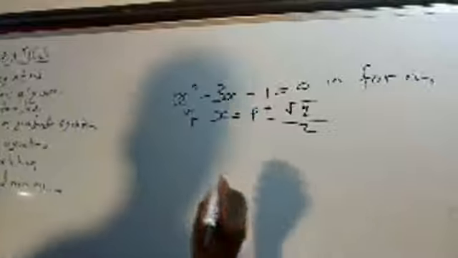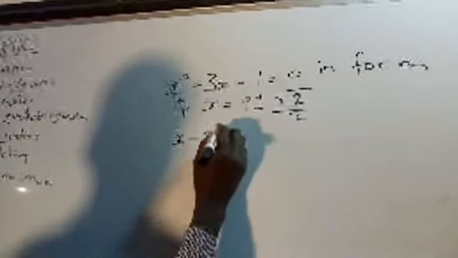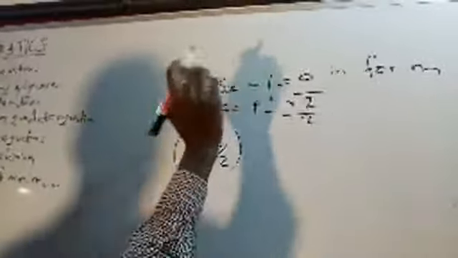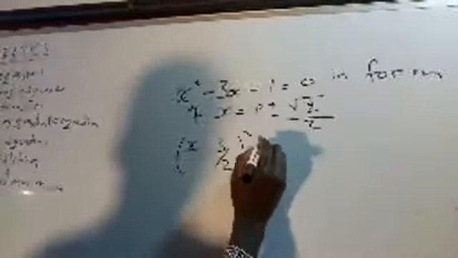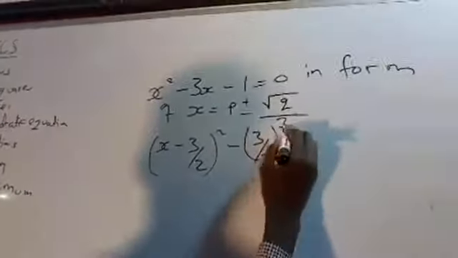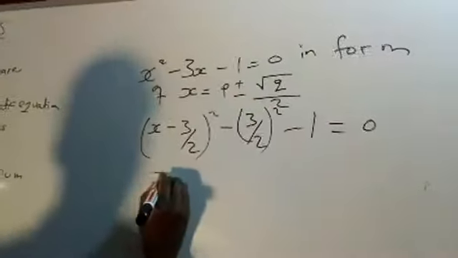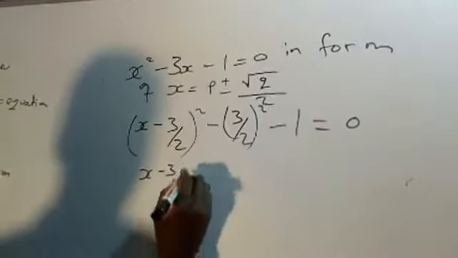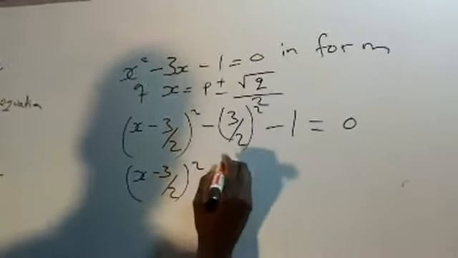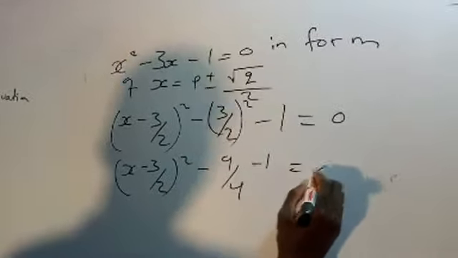Doing the same, we shall complete the squares, being x minus 3 over 2 squared minus 1 equal to 0, becoming x minus 3 over 2 squared minus 9 over 4 minus 1 equal to 0.